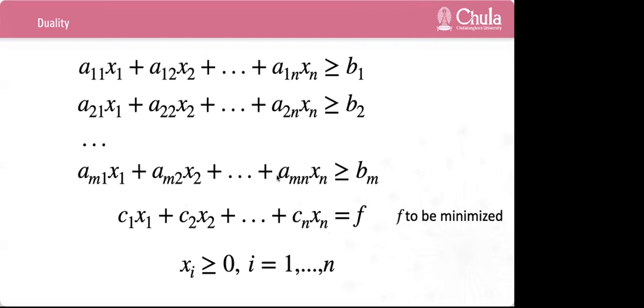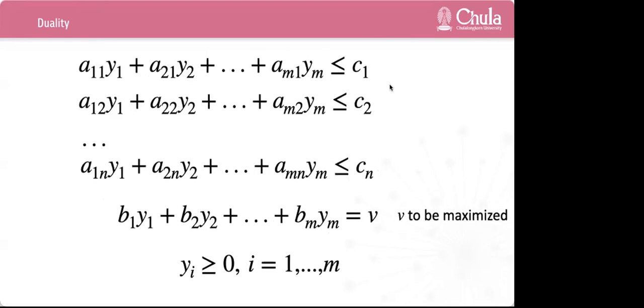For any system where we minimize this objective function subject to this set of constraints, we can transform it to this form where we maximize this objective function instead, with this set of constraints.